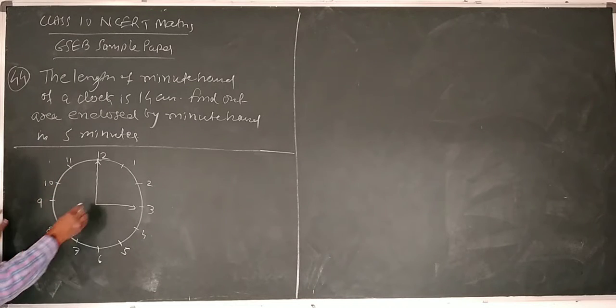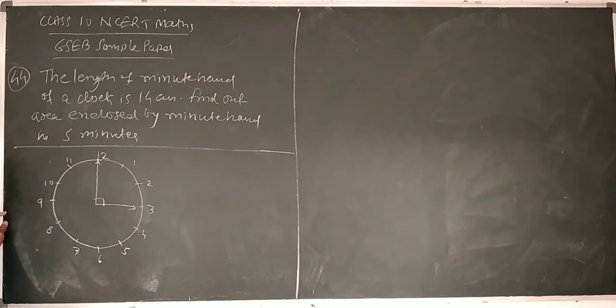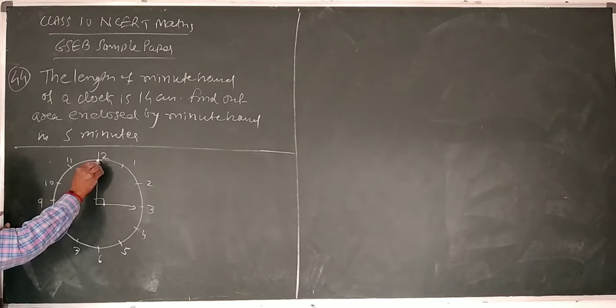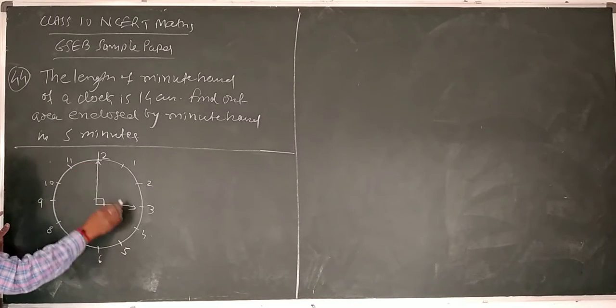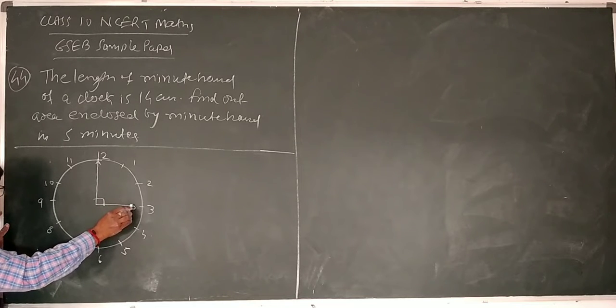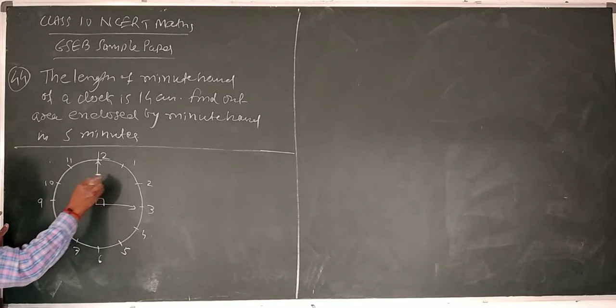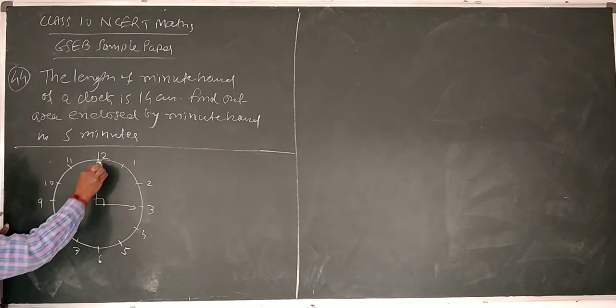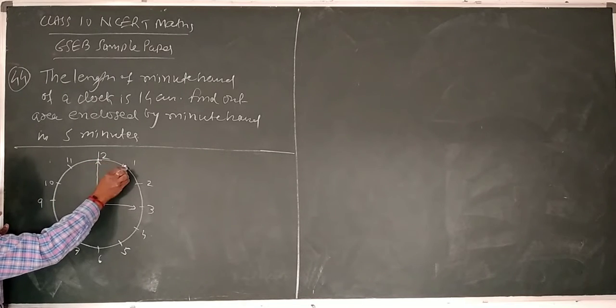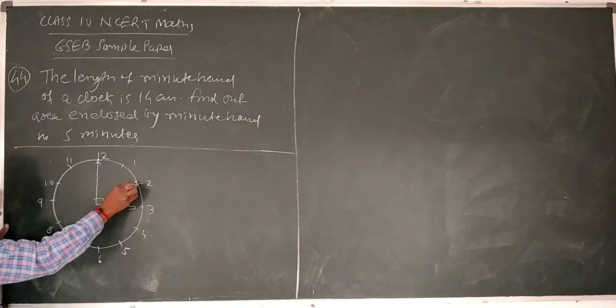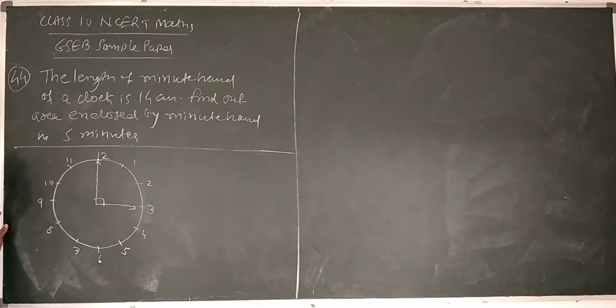But at 3 o'clock, the hands will make a 90-degree angle. So one hand is at 12 and another hand is at 3. Between 12 and 3, we can see there are 3 equal parts: 12 to 1, 1 to 2, and 2 to 3.